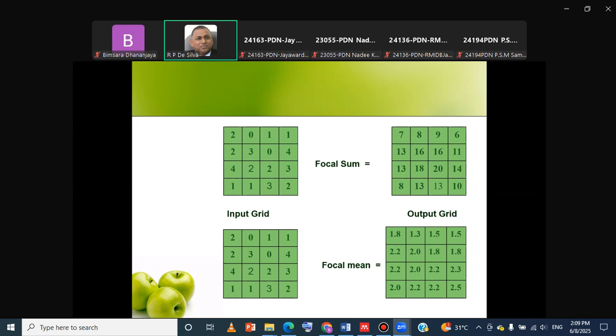These are non-zero length boundary sharing cells. We call this 4-way connectivity. For example, the cell with the number 3 is connected with the cell on the north side, east side, west side, and south side. So it is 4-way connectivity: north, south, east, west.